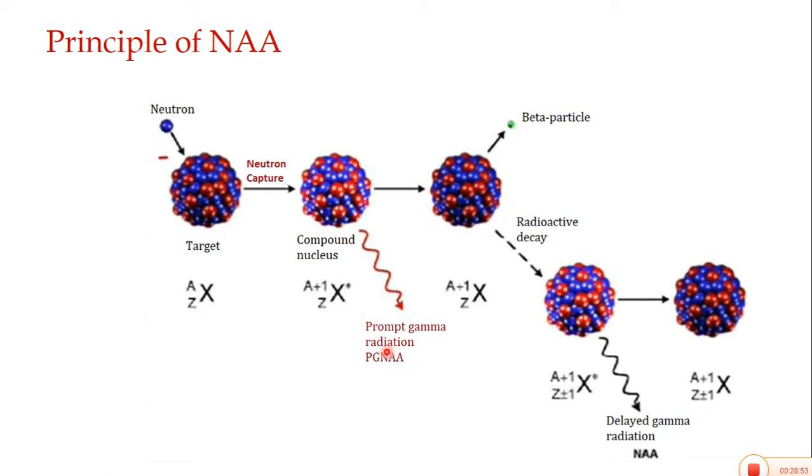Prompt means very quick and rapid emission as the neutron penetrates into the nucleus. So this radiation produces a spectrum known as the prompt gamma spectrum, and it carries a lot of information about the kind of element as well as its concentration.